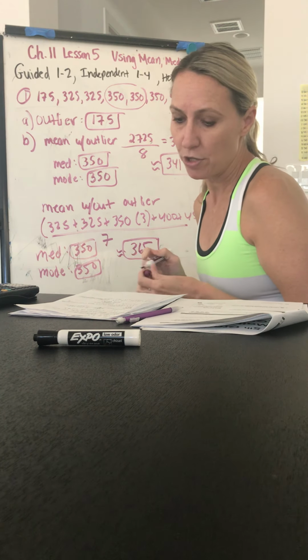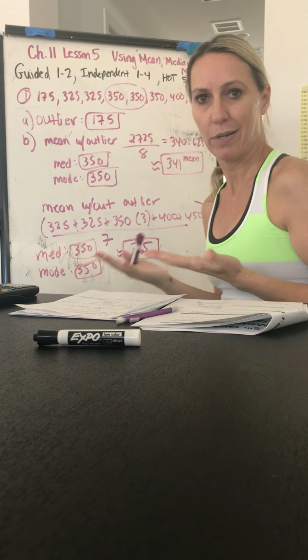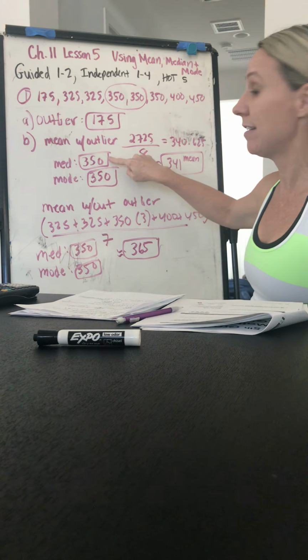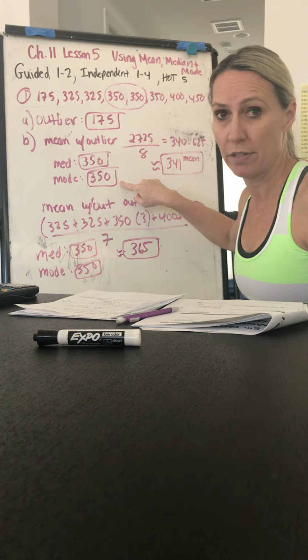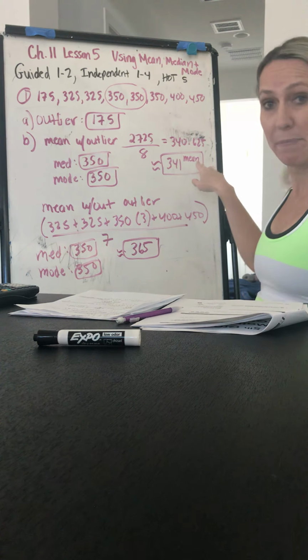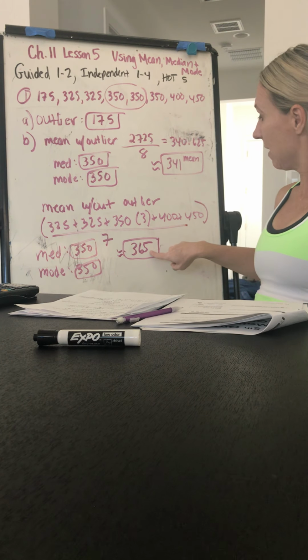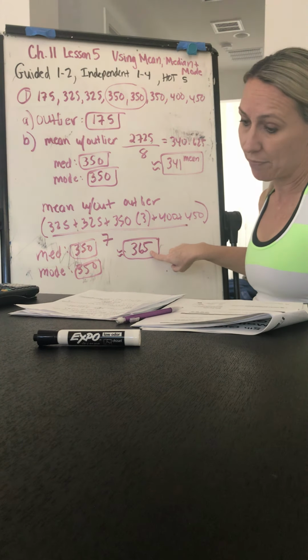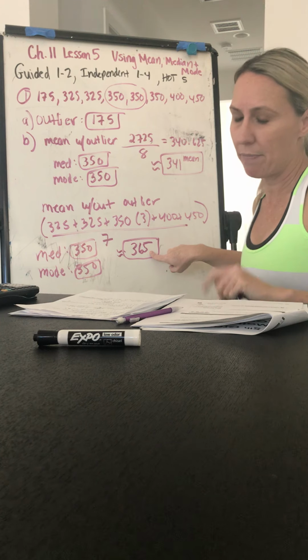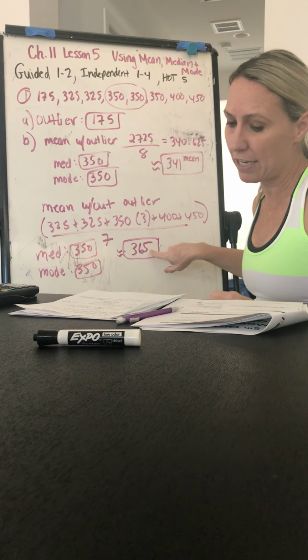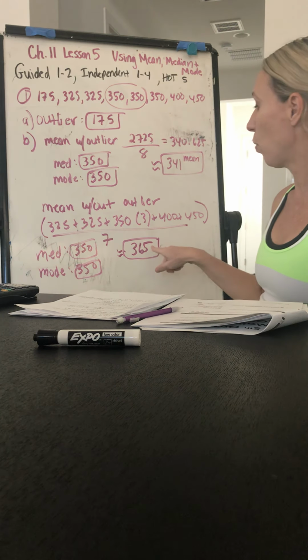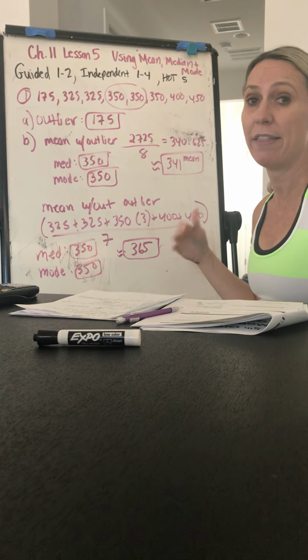Okay, so using the outlier, it's asking us, how does the outlier affect the data? Well, in this case, it did not affect the median or the mode, but it did affect the mean quite a bit. The mean here is 341, and the mean here is 365. So the median and mode did not change, but the mean was actually 24 less with the outlier.